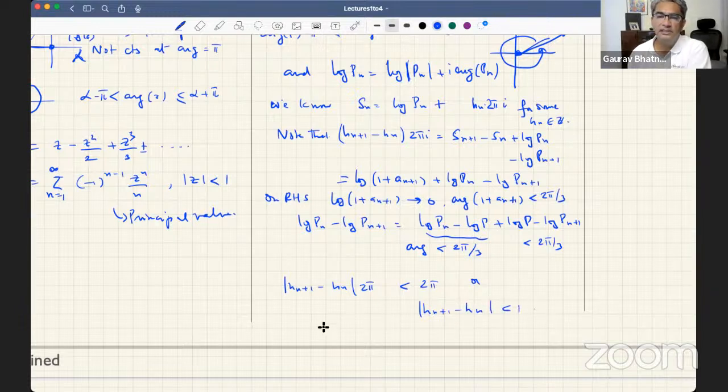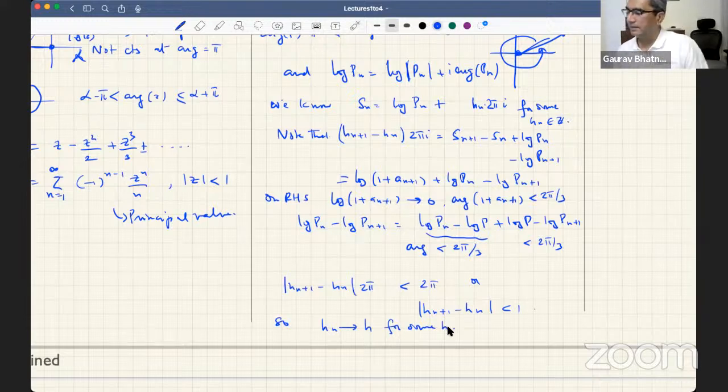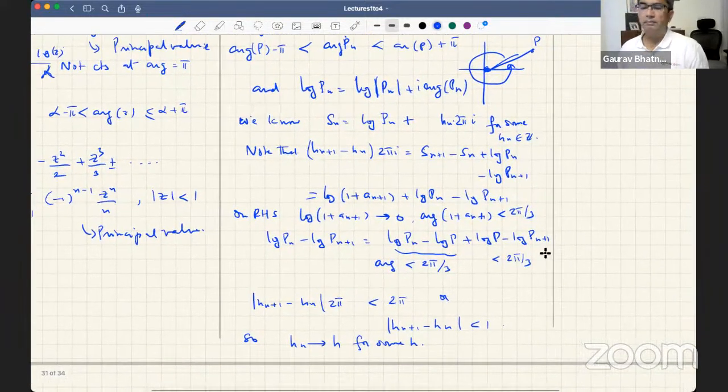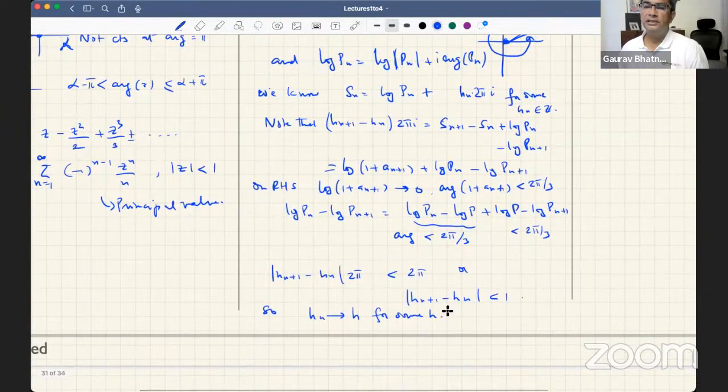So what does this mean? This means that h_n converges to h, for some h. Because the h_n's are integers, the difference being less than 1 means they're the same.